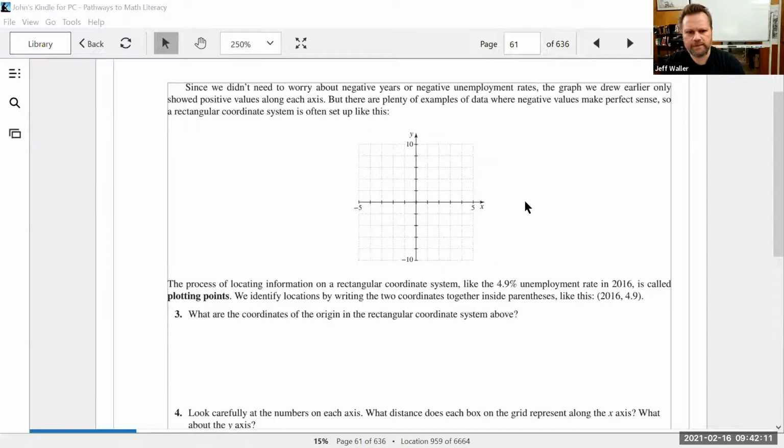So here's your basic little graph you can use. You can have different scales. When you make a graph, you must show me scale. If the problem asks you to make a graph and your answer is something like this, no, that's bad. You got to show me that each one is 1.